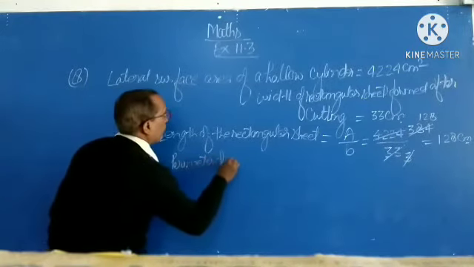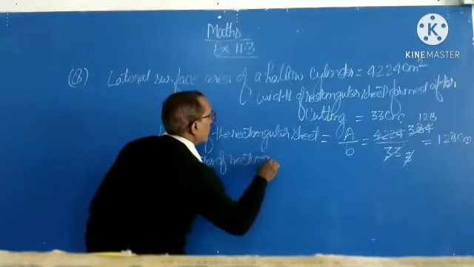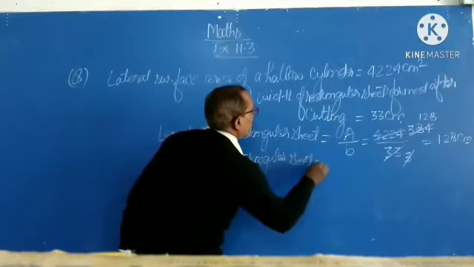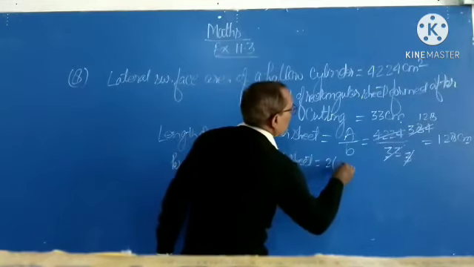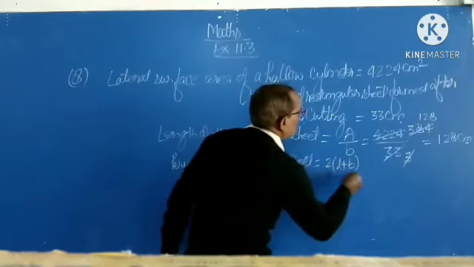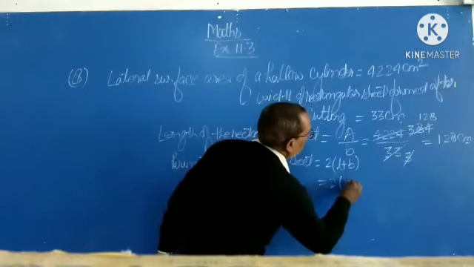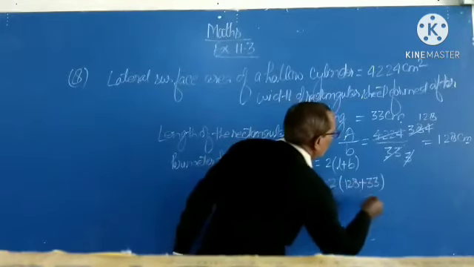Perimeter of rectangular sheet is equal to 2 into in the bracket L plus B. 2 into L 128 plus B 33.